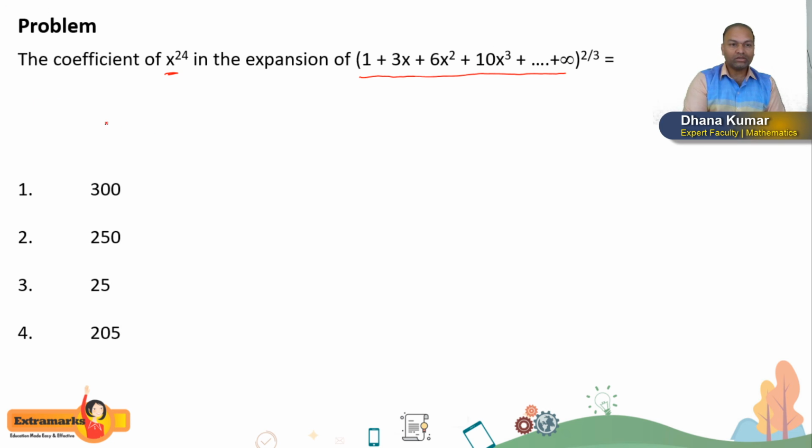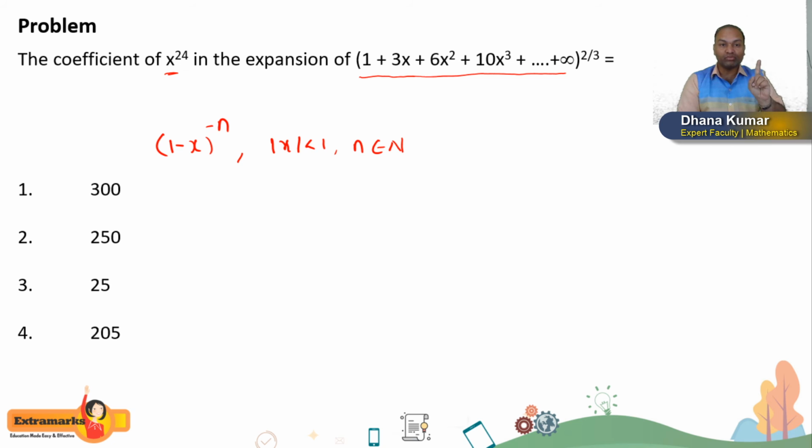Just you see, I am writing the formula 1 minus x whole power minus n, where mod x is less than 1 and small n is a natural number. Small n natural number means the power is a negative integer, so the first basic formula is not applicable. Here the base sign is minus and the power is also minus.